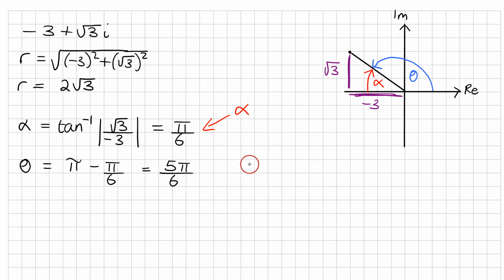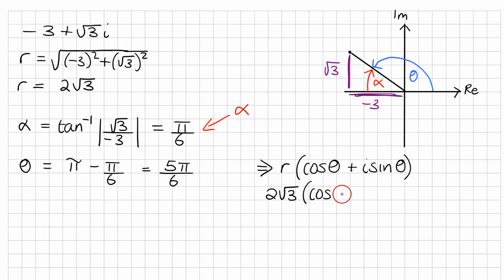Okay, so this will tell me then that my complex number is, remember, r cos theta plus i sine theta. So then my number will be, what did I have? 2 root 3 times the cos of 5 pi over 6 plus i sine 5 pi over 6.